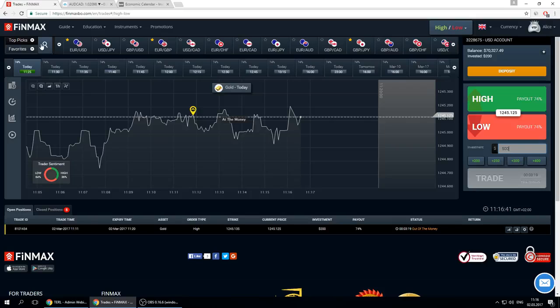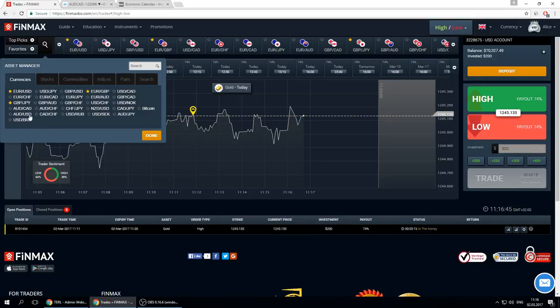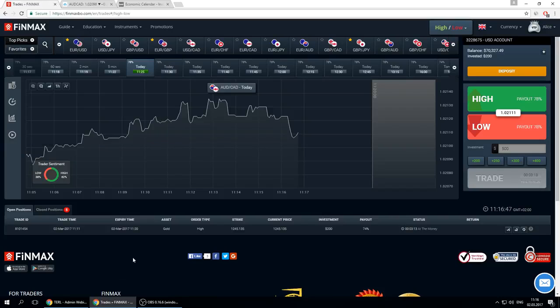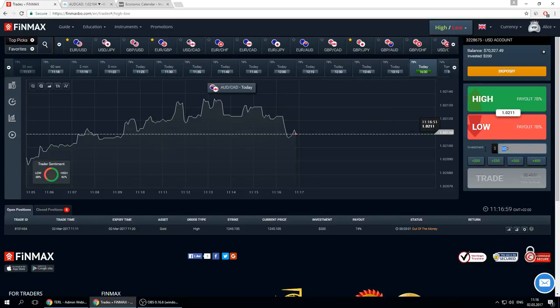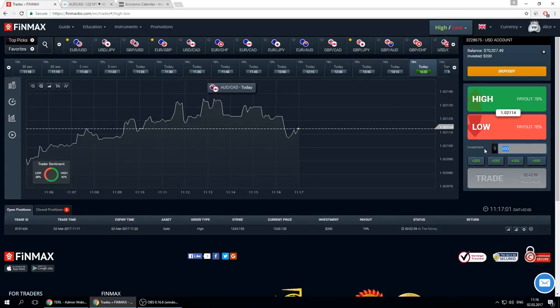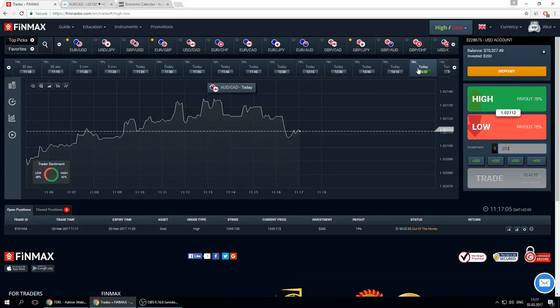Well, if you are not trading all the time on some asset, it's convenient to search for it within here. Okay, so I set for moving down. This is probably my favorite expiry time. I really often open trades with this expiry.